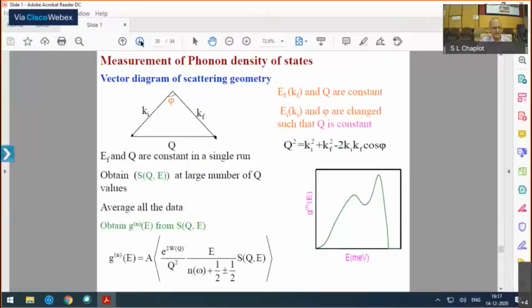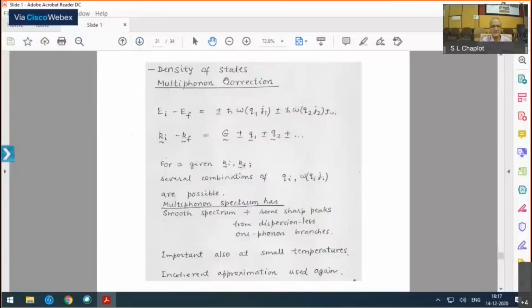Now, let's look at the remaining issue, the multiphonon correction. Multiphonon correction is a very important issue in phonon density of states measurements, because we are looking at the entire spectrum, and particularly the low frequency modes, multiples of those will also be seen at higher energies. Conceptually it is simple. The neutron energy transfer could be not just one excitation, it could be more than one excitation, and the wave vector is correspondingly like this.